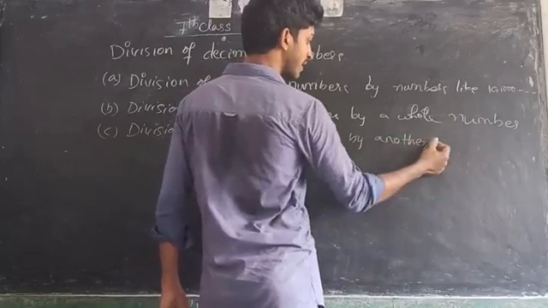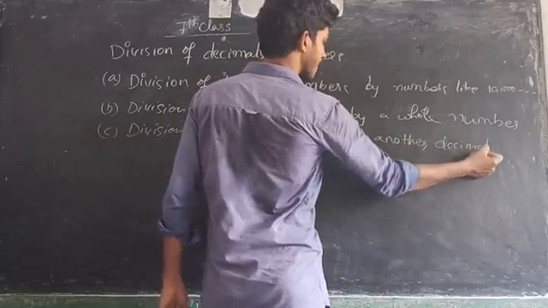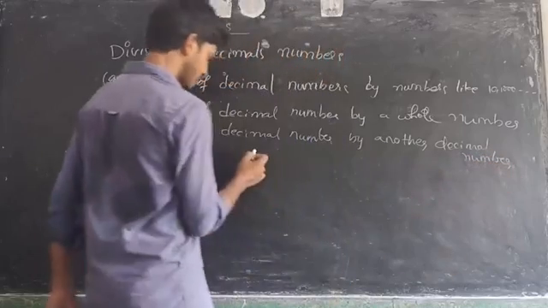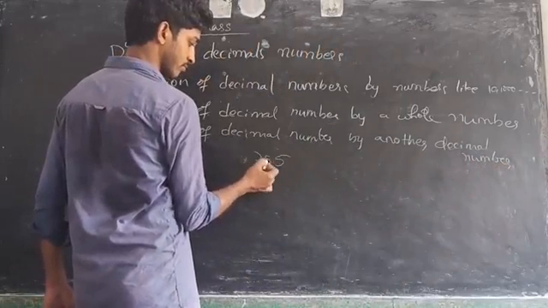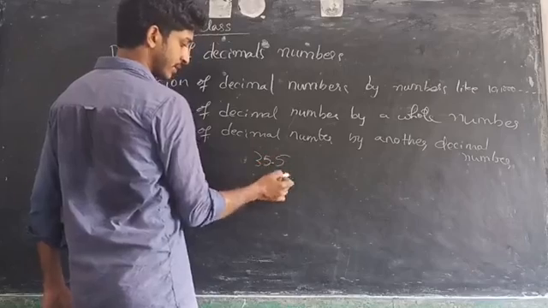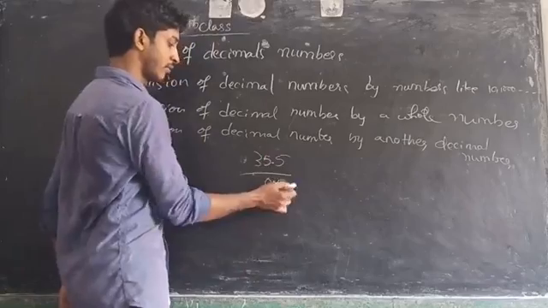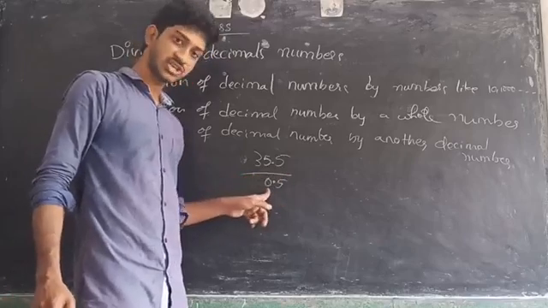So we have to divide a decimal number with another decimal number. See one example here. I am taking 35.5 divided by 0.5.